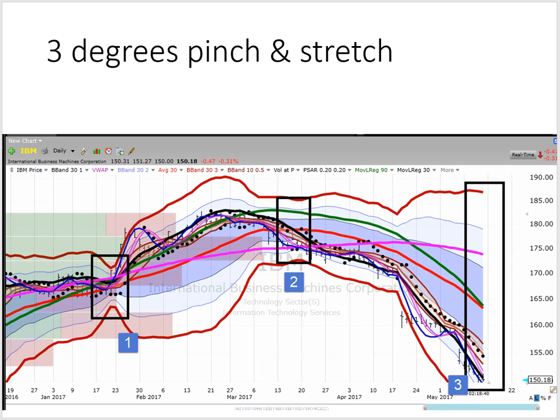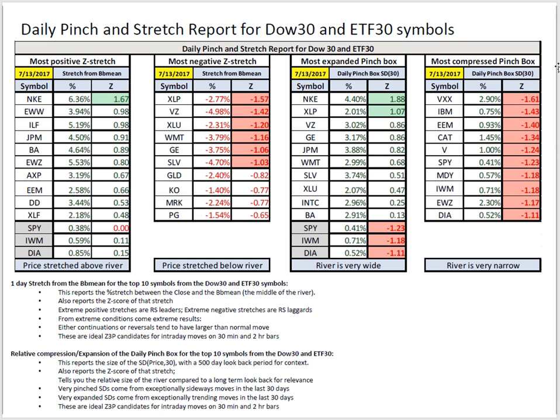is the smallest. So if we were to look back at this, we would say the width of one chunk of that river between Z0 at the Bollinger Band mean and the Z-1, we want that the smallest it's been historically. These are all cases where those symbols are more than 1 standard deviation below average, so it's something less than -1. And so the most pinched box of all in this case was VXX, followed by IBM in terms of their z-score.